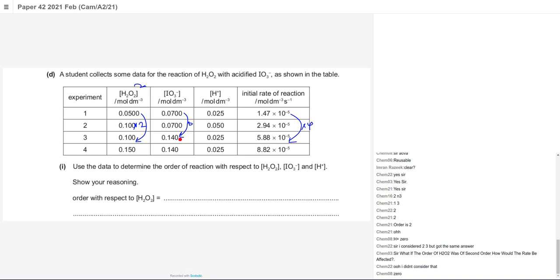Doubling of the concentration of IO3 minus has no effect on the rate, because the rate has increased only by 4 times. If it had an effect on the rate, it would increase by more than 4 times. Got it? In that case, it will be 0th order. So that's a good question, because you might have that situation to handle next. Never know.